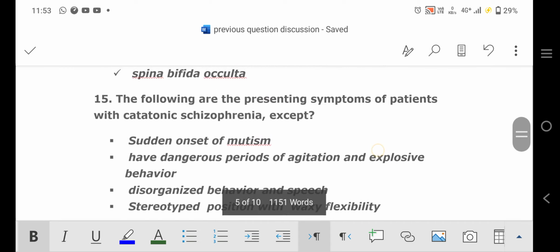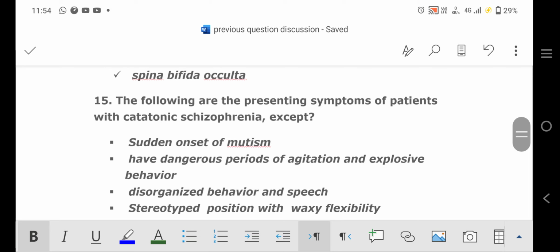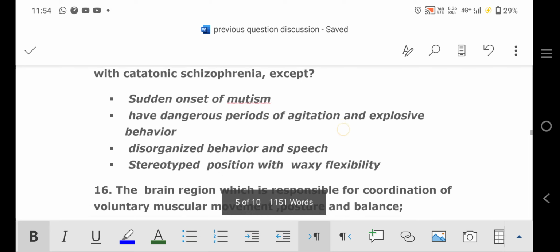Answer is option C. They are asking the exception. The symptoms of catatonic schizophrenia are sudden onset of mutism, dangerous periods of agitation and explosive behavior, and stereotyped position with waxy flexibility.